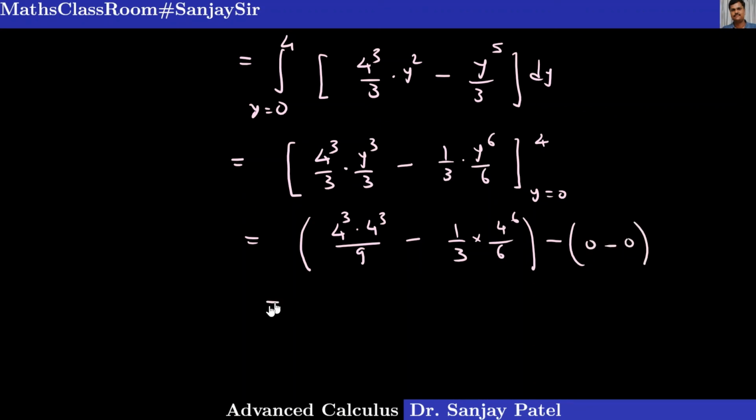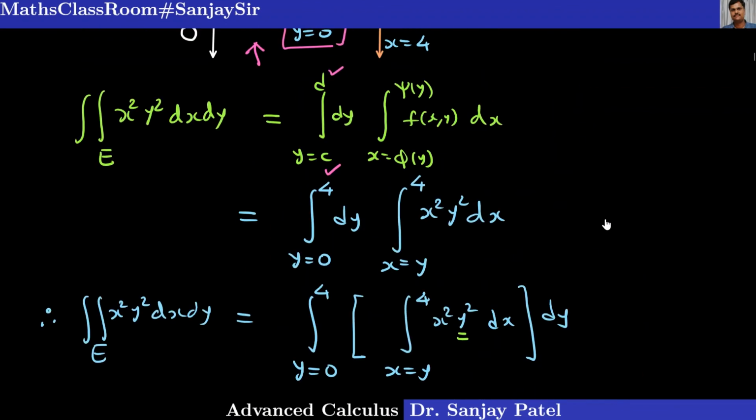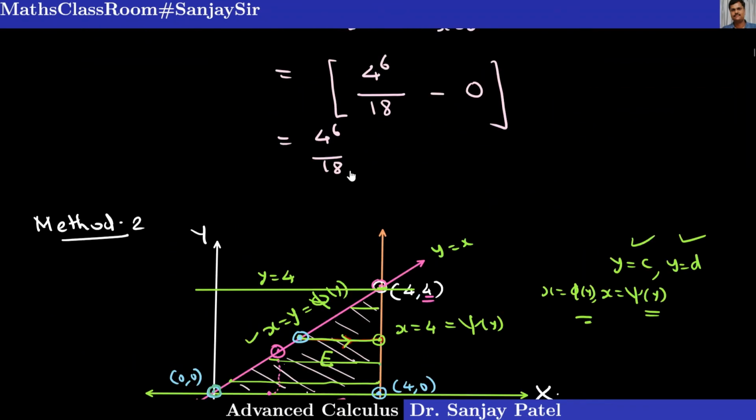So finally what I will get is 4 raised to 6 upon 9, and here it is 4 raised to 6 upon 18. So 4 raised to 6 is common, and I can write 1 upon 9 minus 1 upon 18, and that is equal to 1 upon 18. Okay, so it is 4 raised to 6 upon 18, and this is the same answer as what we obtained in the first type of repeated integral. It is also 4 raised to 6 upon 18.